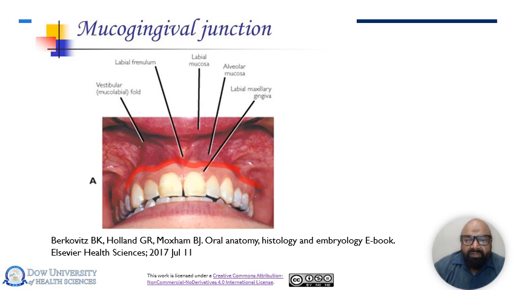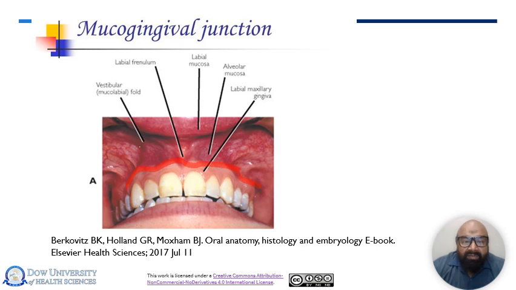So what are the features that are typical of this area? As you can see here, the attached gingiva is quite pale in color, while the alveolar mucosa, not only is it stretchable and elastic, but it is more reddish in color, and the attached gingiva is keratinized, and this is the reason why it is pale in color.